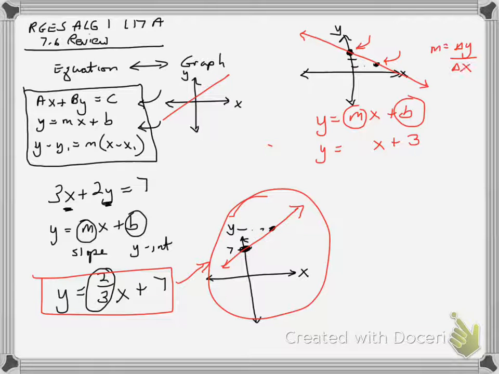So I'm changing the y value, the vertical value, down 2, that would be negative 2, and I'm changing the x value over 2 to the right, that would be positive 2, so I would simplify that, and y equals negative 1x, or negative x, plus 3.